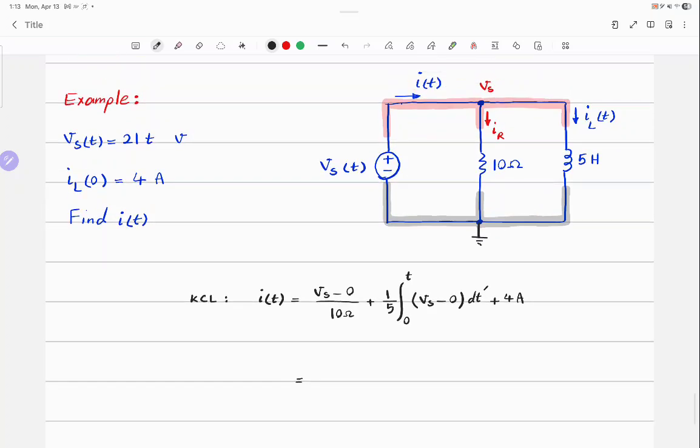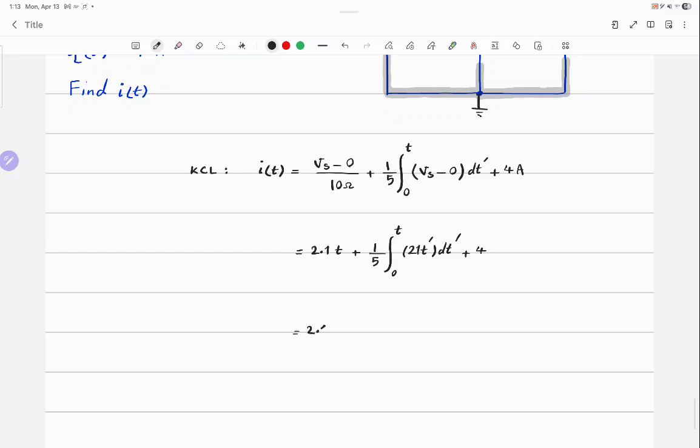So what is VS over 10? 2.1 t plus 1 over 5 integral from 0 to t of 21 t prime dt prime plus 4.